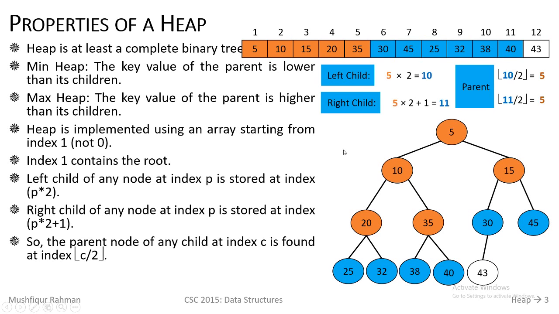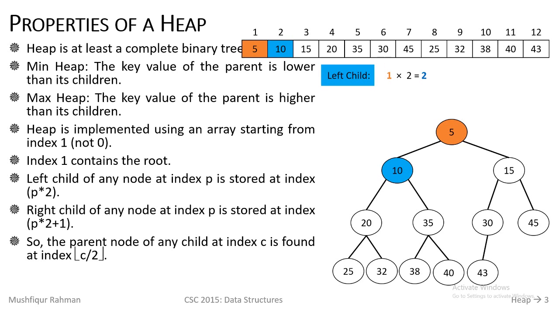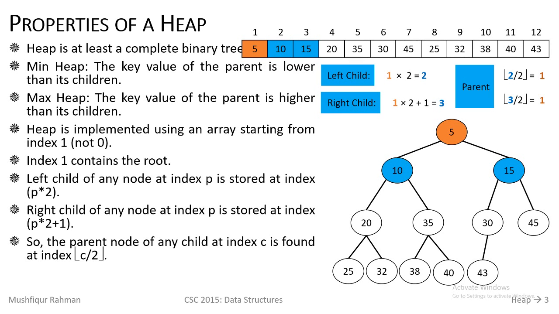If you want to see it again, let's see. Here is the left child and right child. Here is the concept of parent: 2 and 3 divided by 2 gives index 1. Now starting from the left child, the index switches: 2 becomes 4 and 5, and 4 divided by 2 is 2, so our parent is index 2, which is 10.